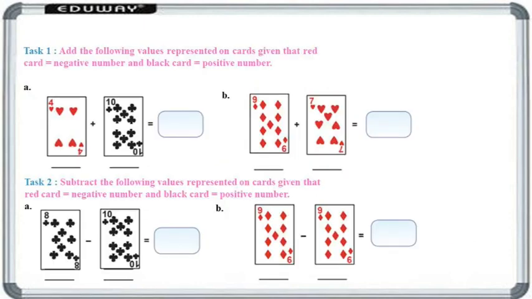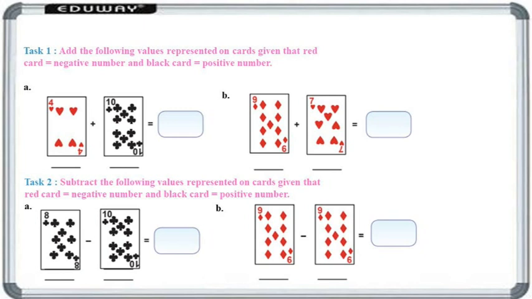So students, this is your activity time. Are you ready for the task? I guess all of you are ready. Task 1: add the following values represented on the cards, given that the red cards are negative numbers and black cards are positive numbers.